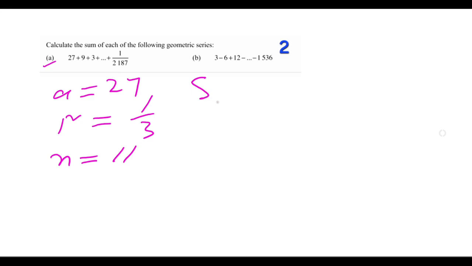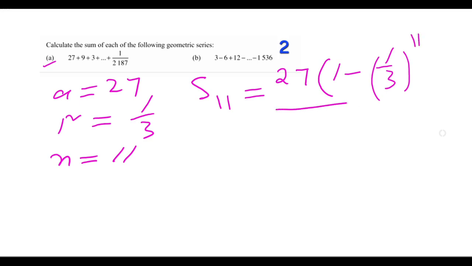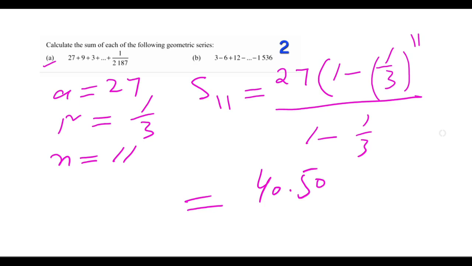So this is going to be S11 because n is 11: 27 times (1 minus 1 over 3 to the power 11) over 1 minus 1 over 3. I use my calculator one time, and the answer is 40.50. So this is my S11, this is my final answer.